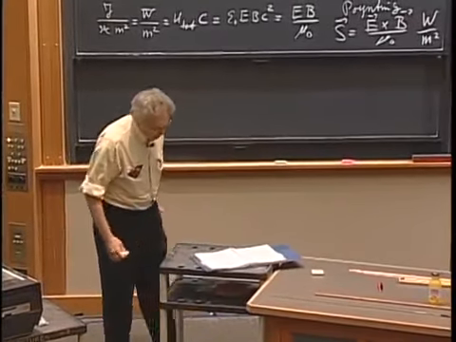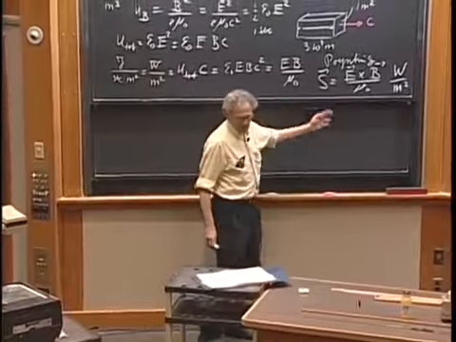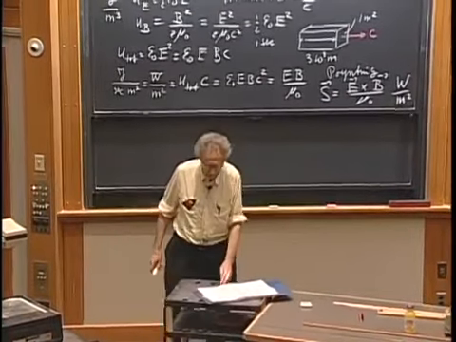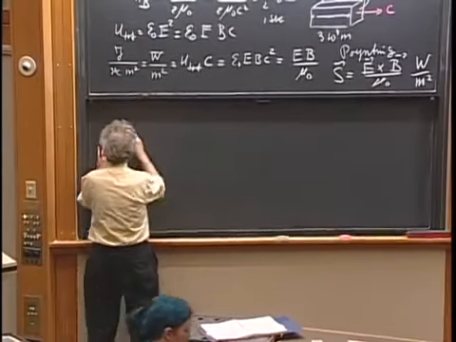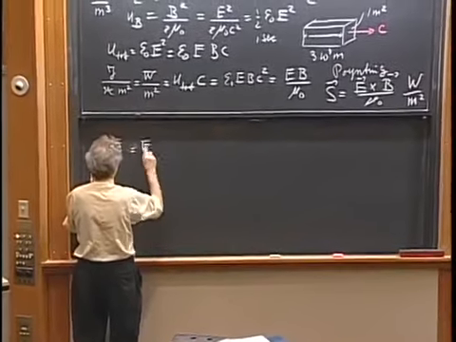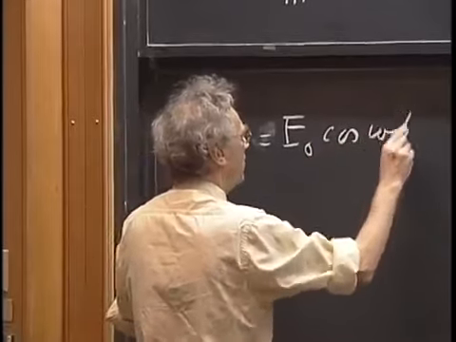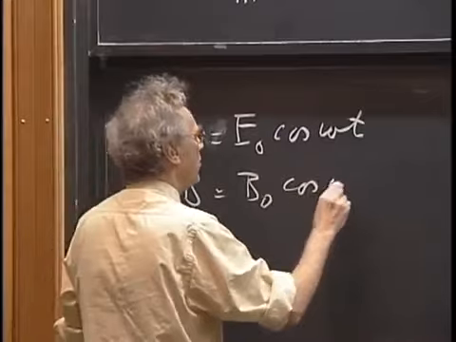Now both E and B are time variable. And so the Poynting vector will obviously also be time variable. E is going to be proportional, or you can write down E is some E0 times cosine omega t, and B is some B0 times cosine omega t.